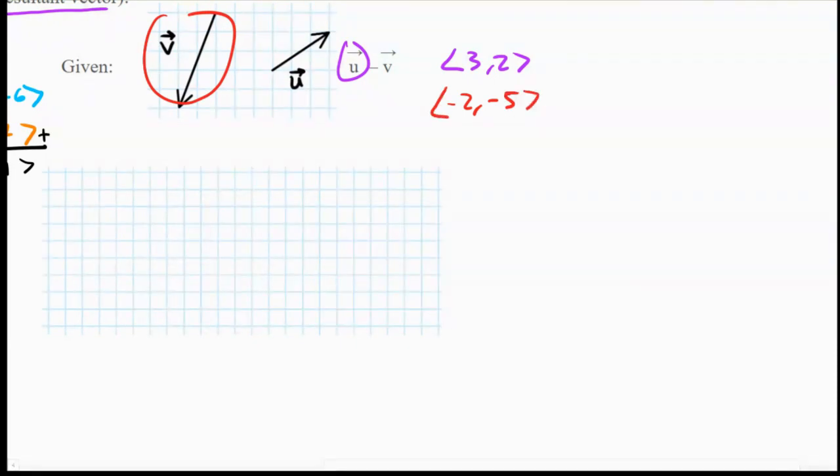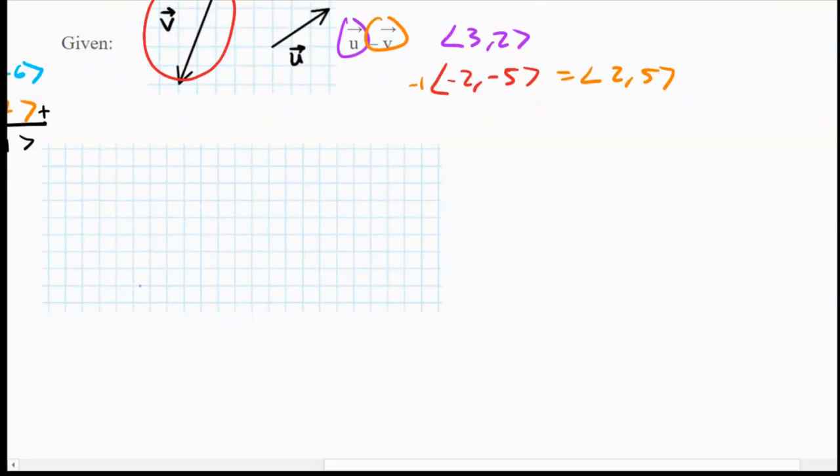Now, the deal on this one is I'm doing minus vector v. So I am going to do the negative version of that, which is +2, +5. If I were to draw this, I'm going to draw vector u first, which is 1, 2, 3 over, 1, 2 up.